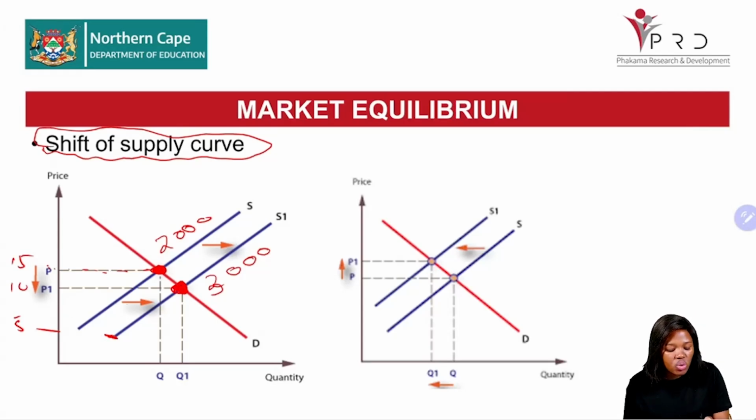What will happen to the market equilibrium point? It will also shift. And once the market equilibrium point shifts, it will also cause the equilibrium price to shift. And when a producer produces more or supplies more product, the price of the product will have to decrease, moving from 15 to 10 Rand.